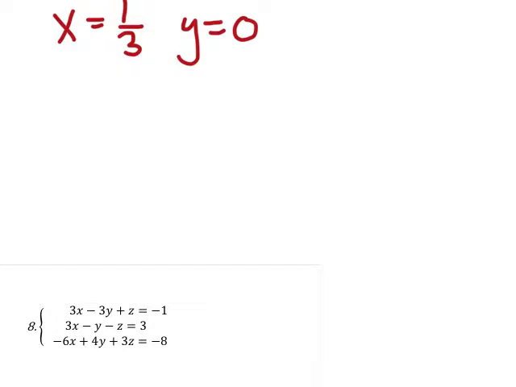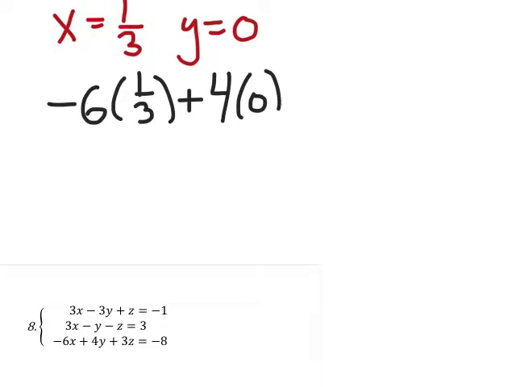We just need to solve for the z value now. And you get to choose whichever equation you want. So just for the sake of randomness, I'm going to choose that bottom equation. We got a negative 6x plus 4y plus 3z equals negative 8.